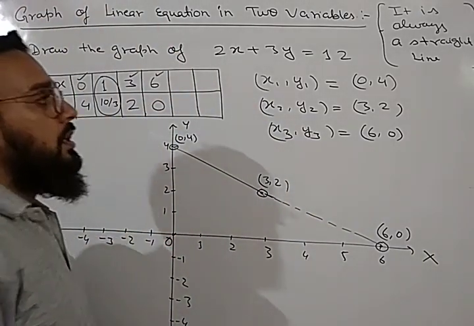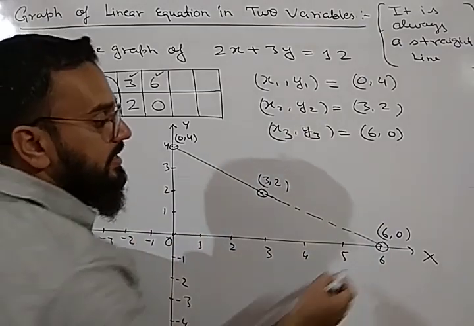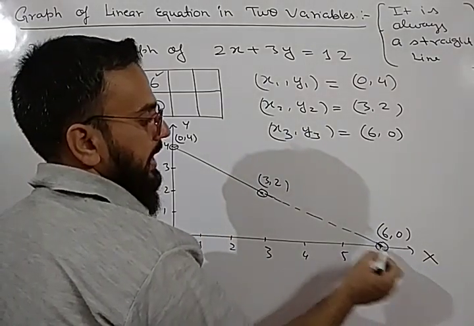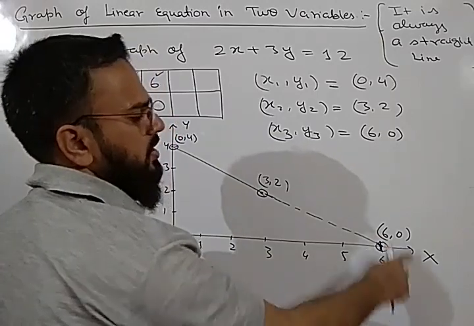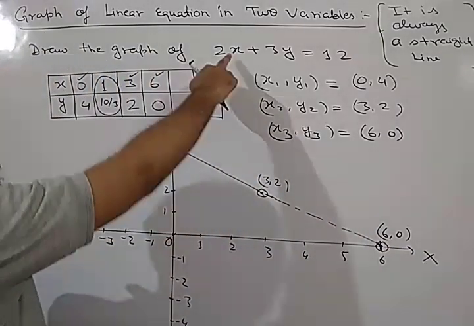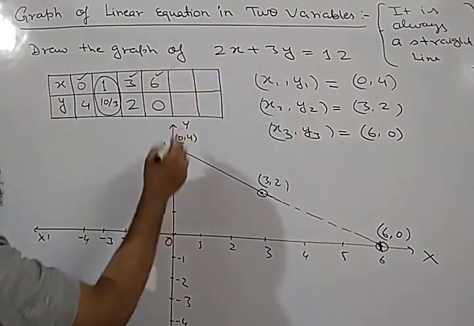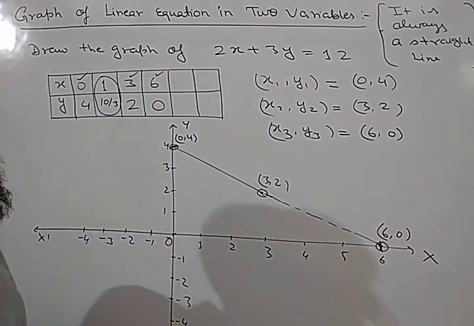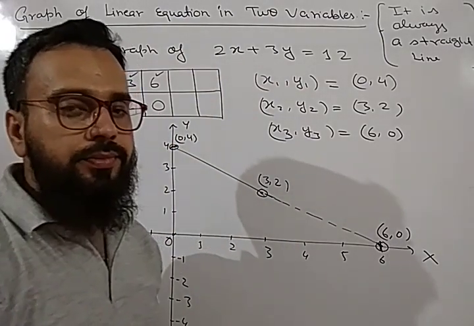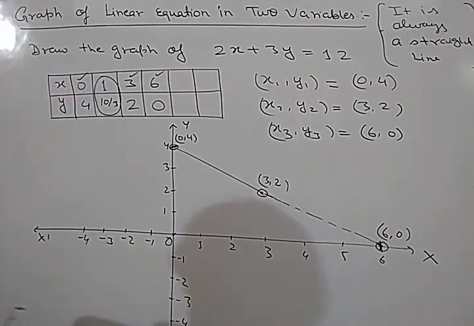Now we can see here, this graph is cutting x-axis at which point? At 6, 0. And the graph of this equation is cutting y-axis at 0, 4. Now we are coming to the most important point. First draw the graph and note all these points.